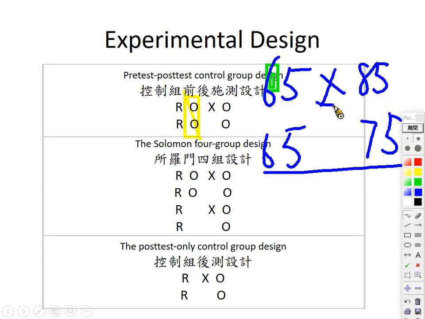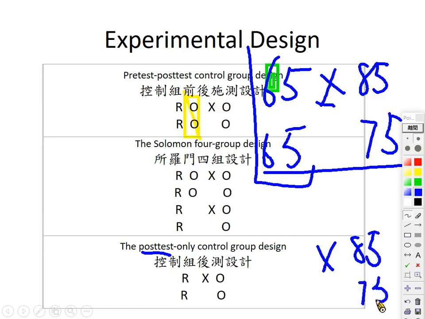Okay, great. But we know there is a pre-test threat out there. So we try to use the post-test only control group design. So now we have X, we have 85 and 75. We know it makes a 10 points difference, but we have no idea about when did it start. Okay, so this has threats.